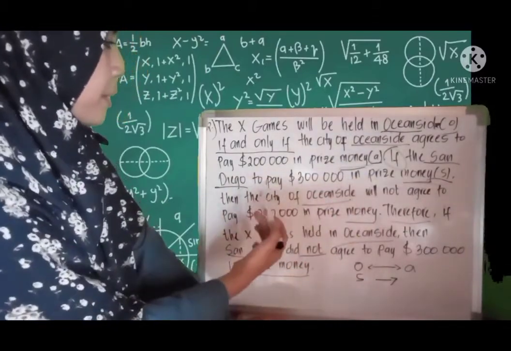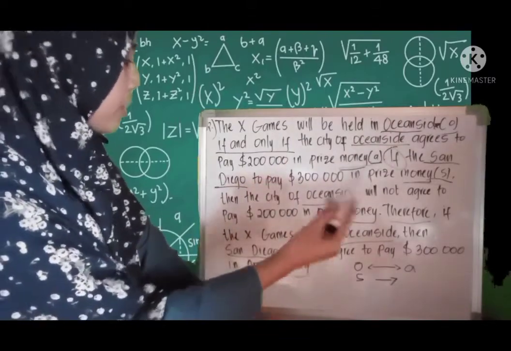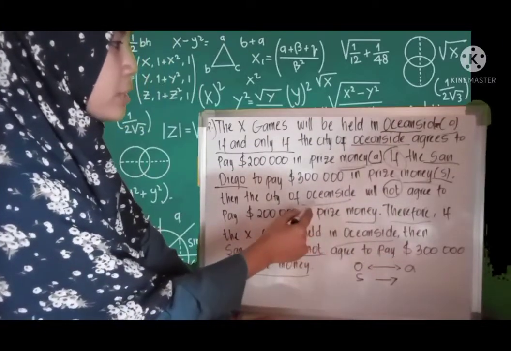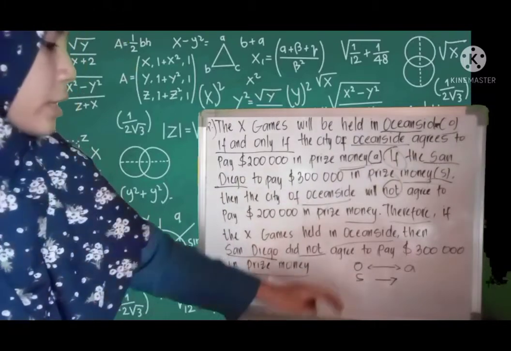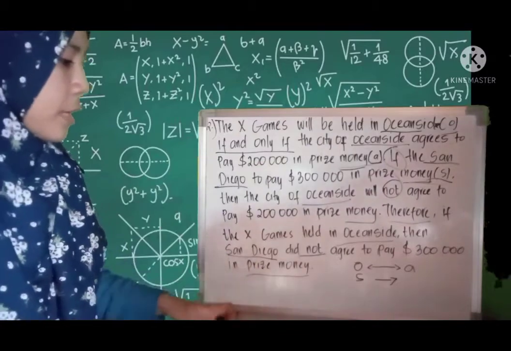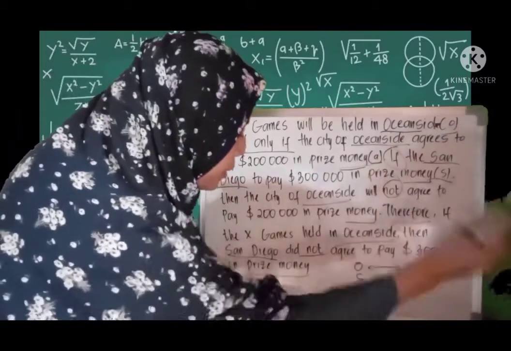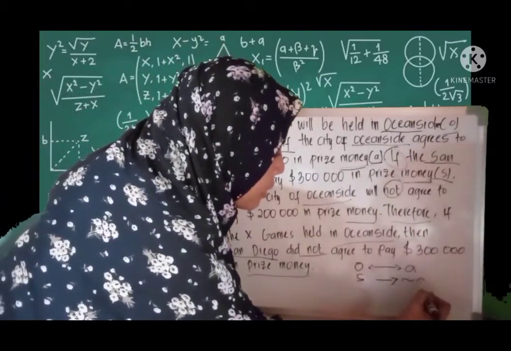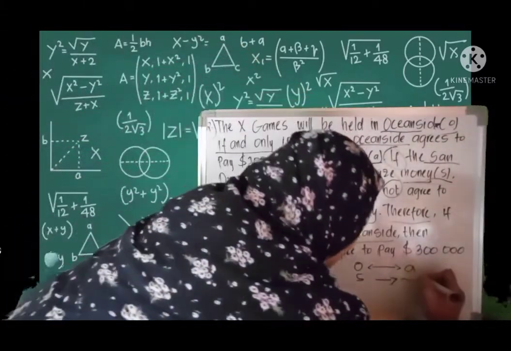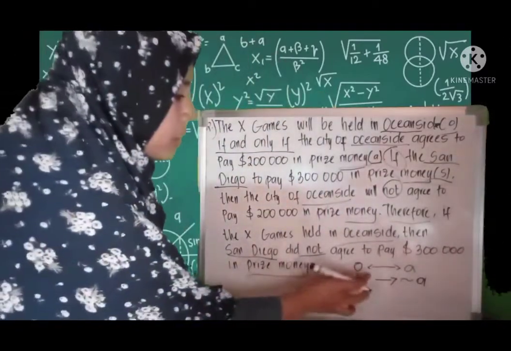If the San Diego paid 300,000 in prize money, then the city of Oceanside will not agree in a prize money. So, Oceanside ang minamin niya dito. So, ang isusulat natin dito, Oceanside, nagprepresent siya ng letter A na money. Therefore, did not agree. Did not A.